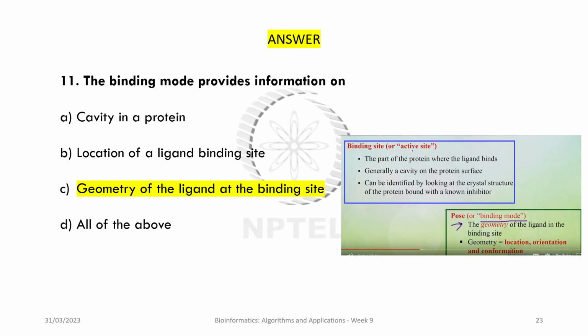Whereas the binding site or active site, I don't know what mode that is. There was pose and score. So binding mode is supposed to focus on this option, whereas the location of the binding site and the cavity fall in these lines, I believe.